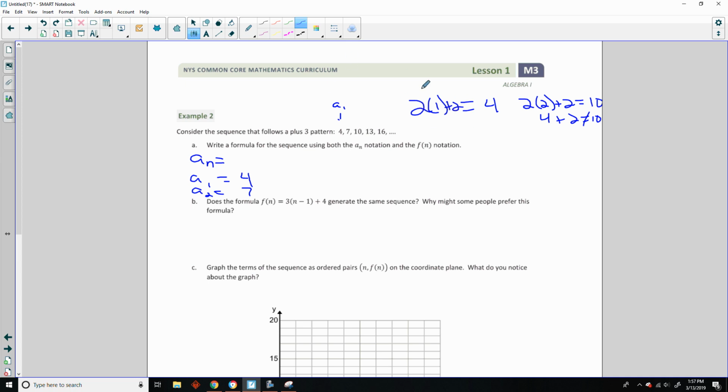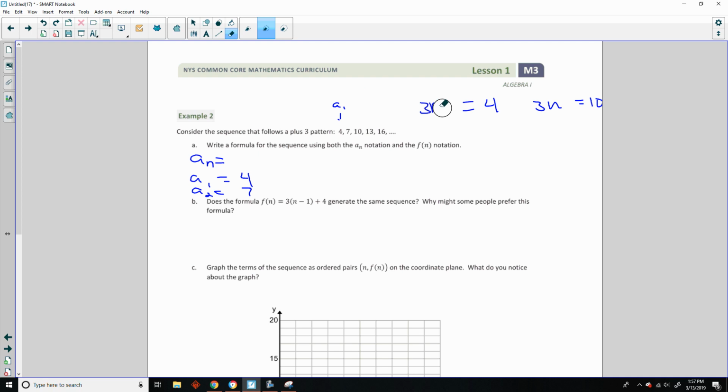So then I'm going to just try changing my coefficient here and seeing what will work. So if I just change this to a 3, let's just erase all this. So now I'm going to have 3n. Well, 3 times 1 does not equal 4.